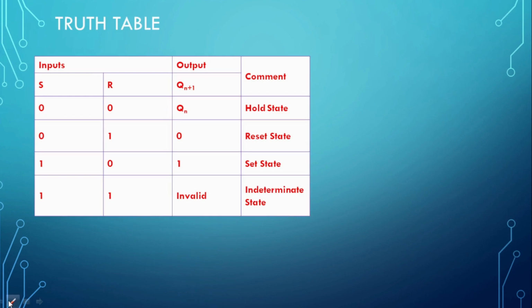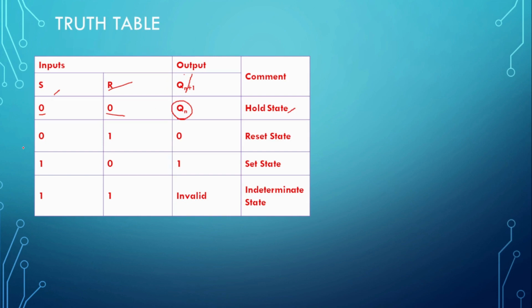Truth table of SR flip-flop. We have two inputs, S and R, and the final output is Qn plus 1, that is the next state output. If you give S equal to 0, R equal to 0, Qn plus 1 takes the value of the present state output Qn, and it is in hold state.